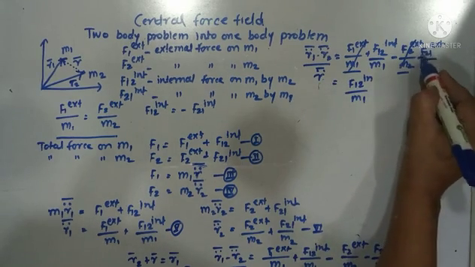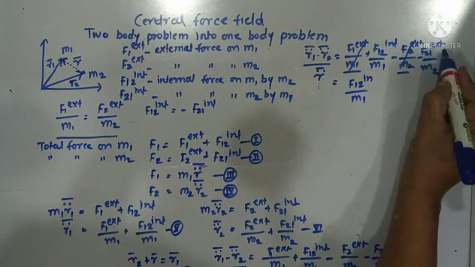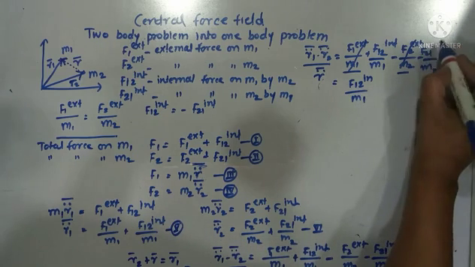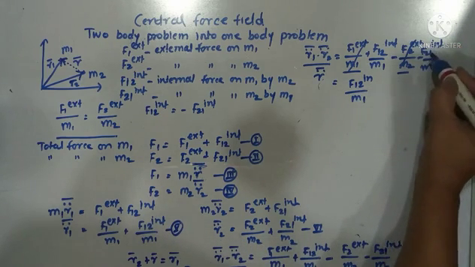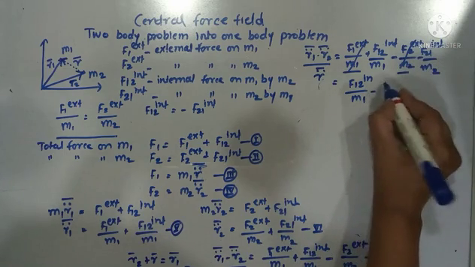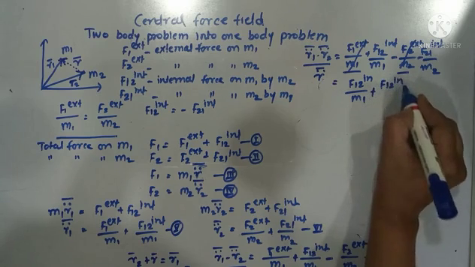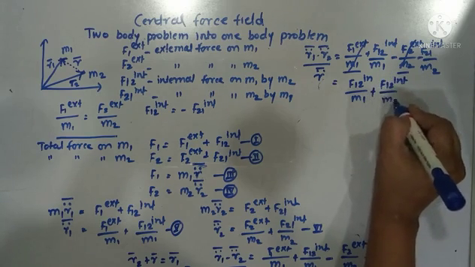I will also replace this f21 internal by f12 internal, so I can write plus f12 internal upon m2.